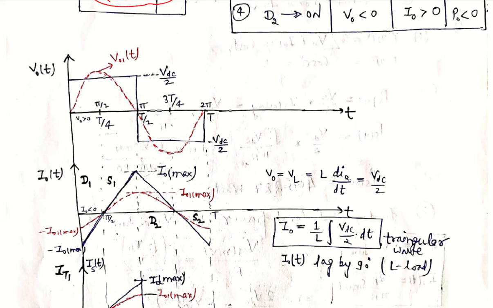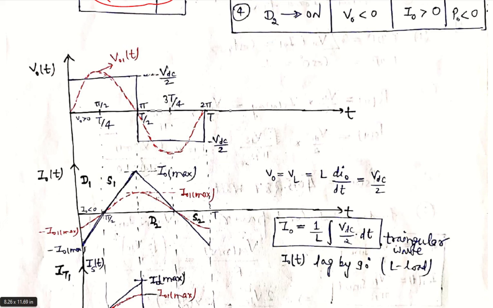So L di naught by dt equals VDC by 2, because V naught equals Vs when the thyristor is on. To calculate the expression for current, I naught equals the integral of 1 by L times VDC by 2 dt. If we solve this expression, we see that it is a straight line expression.